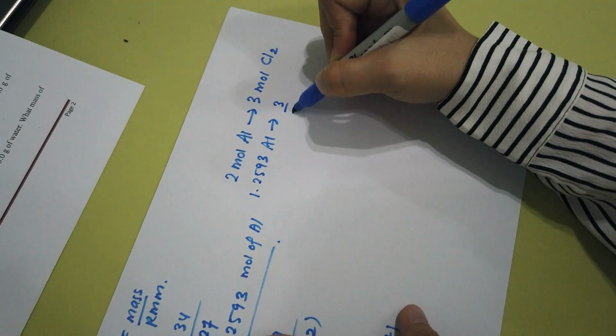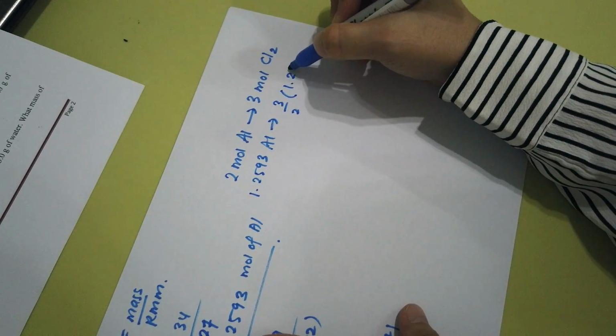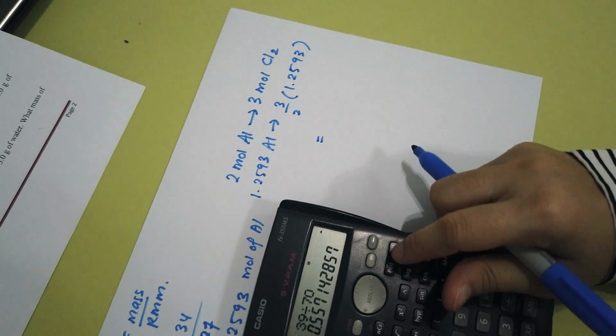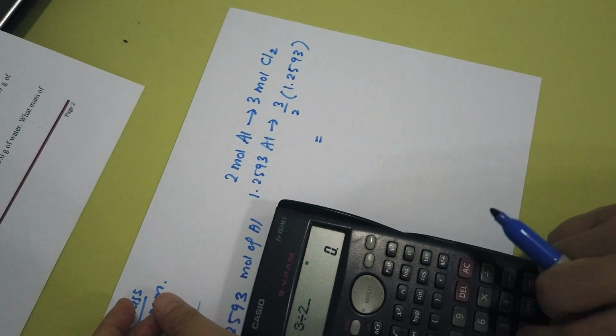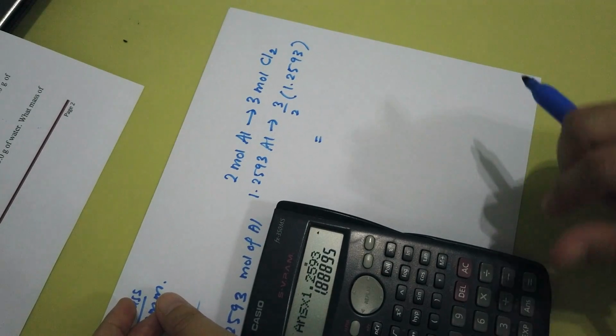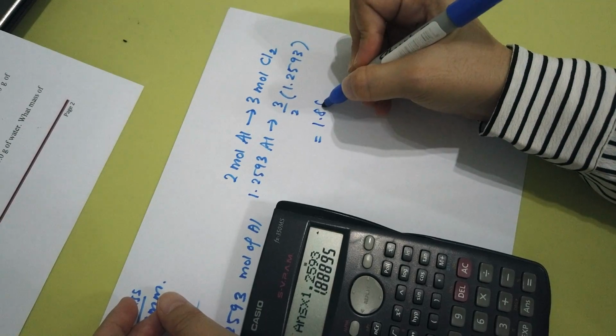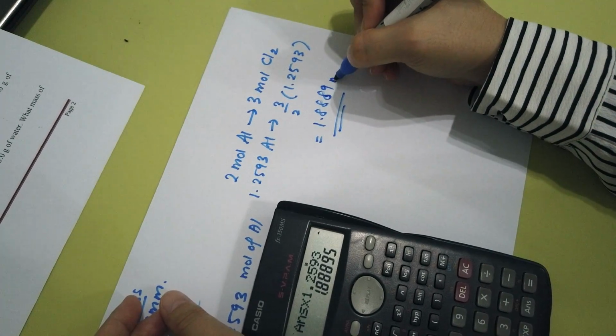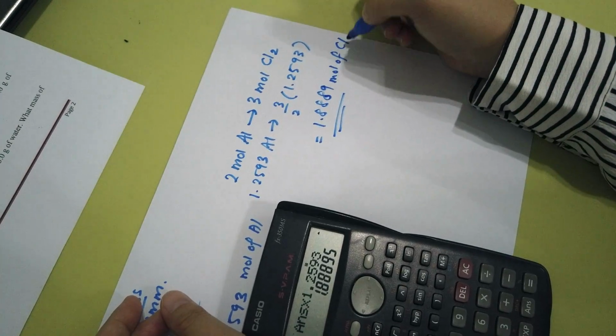So 3 over 2 times 1.2593. You should get 1.8889 mole of chlorine.